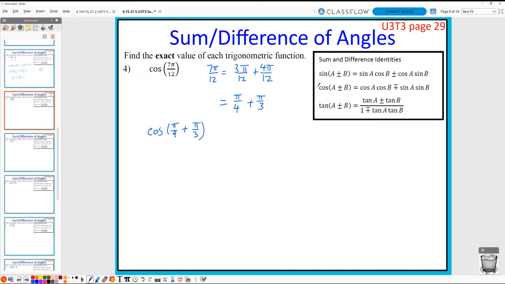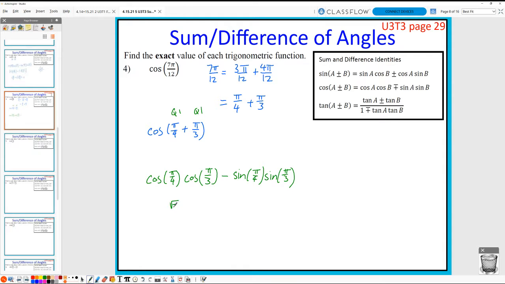So again, follow along with whatever is the identity here. I'm going to do cosine of the first angle, so cosine of pi over 4. Oh, I'm sorry, I should write down what quadrant these are in. These are both in quadrant 1. Cosine of pi over 4 multiplied by cosine of pi over 3. This was addition, so now I have subtract sine of pi over 4, sine of pi over 3. Evaluate each one.